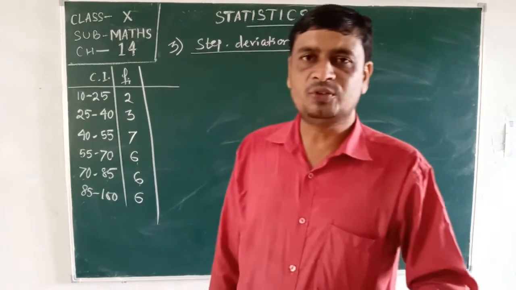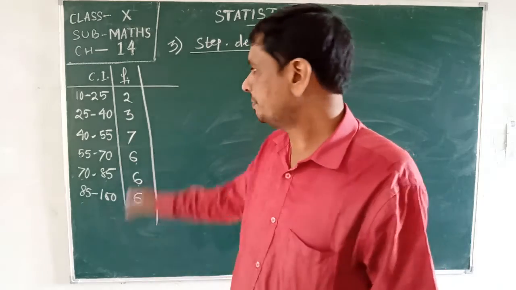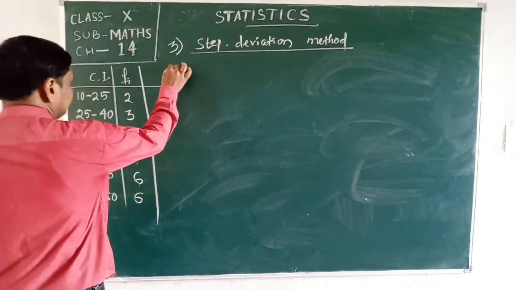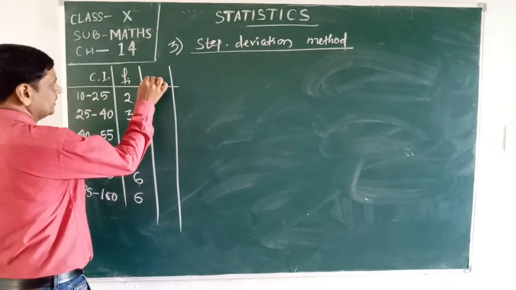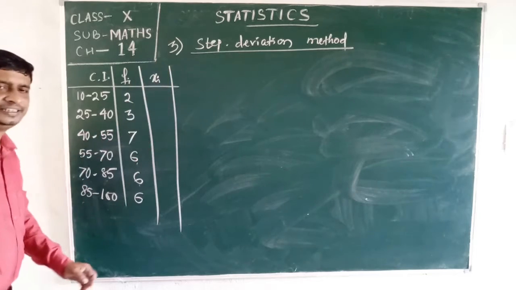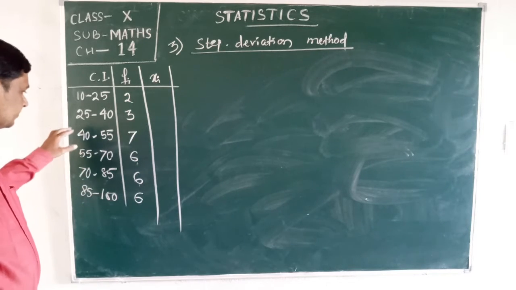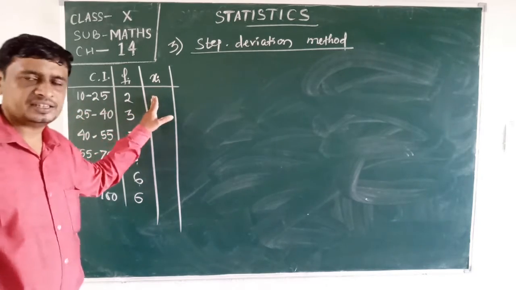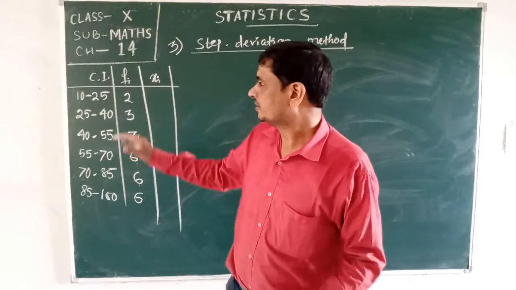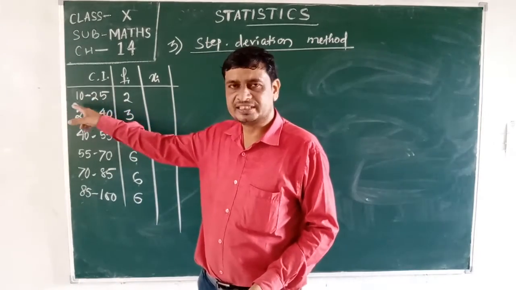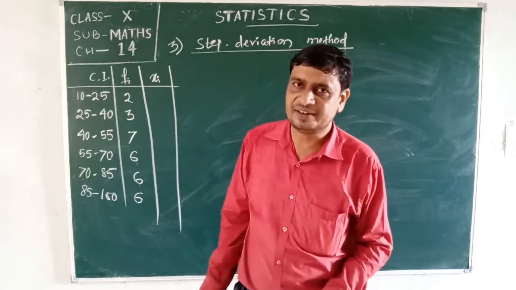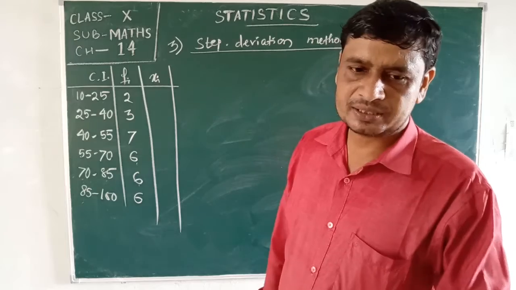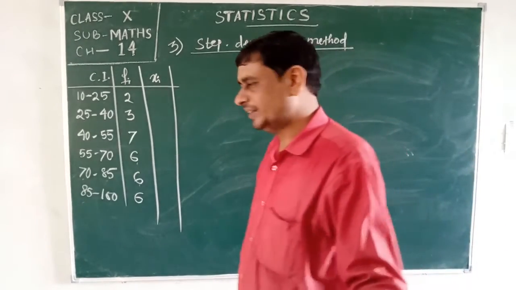First, we have to find the class mark of each of the class intervals. This class mark is denoted as xi. For the class interval 10 to 25, the class mark will be, we add both the class limits 10 and 25 and divide by 2. 10 plus 25 is 35, by 2 becomes 17.5.